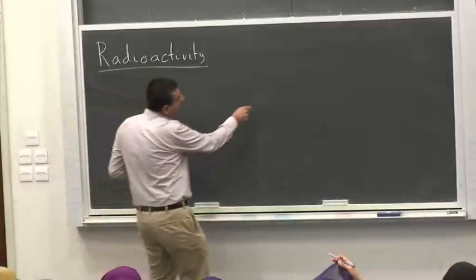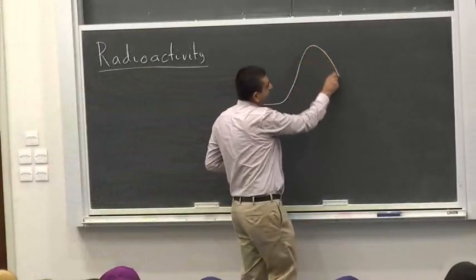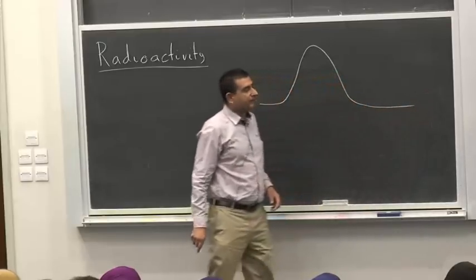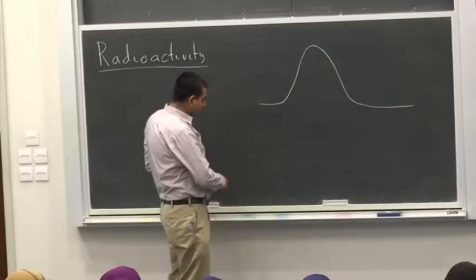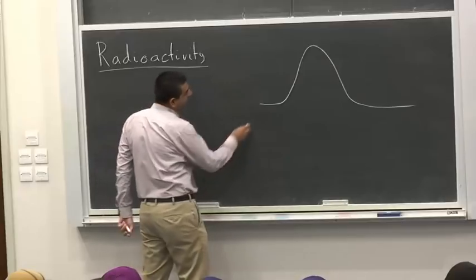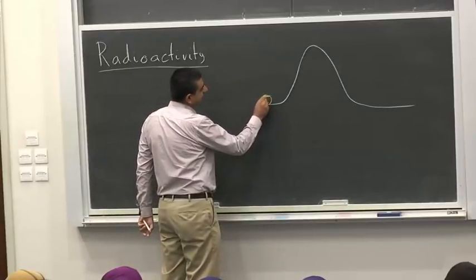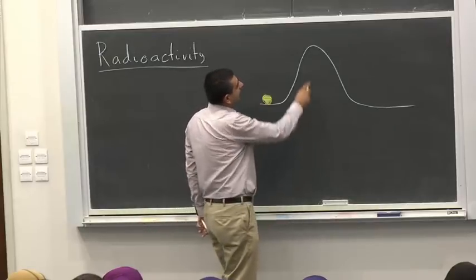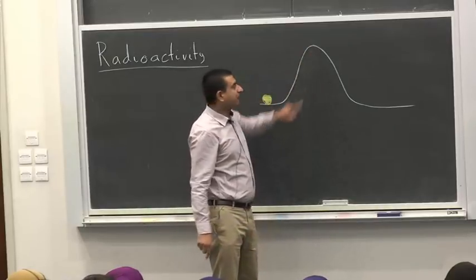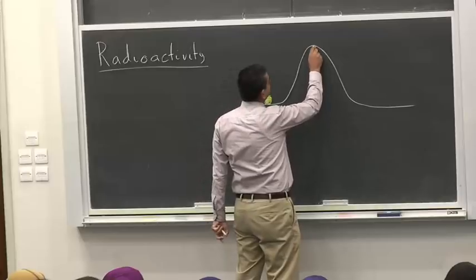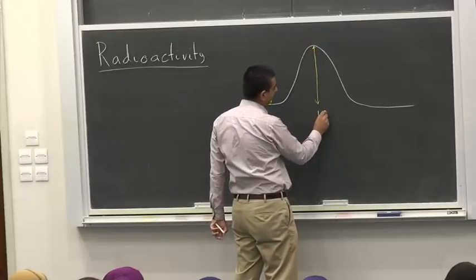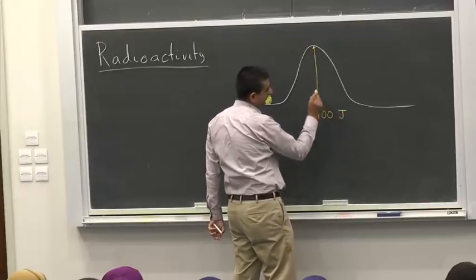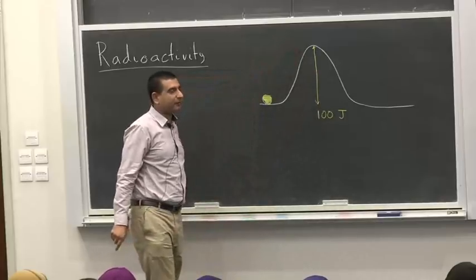Suppose I have a mountain and I have an object here with a certain energy. If this object lies on the top of the mountain, this energy is, say, 100 joules. That corresponds to the height of the mountain.